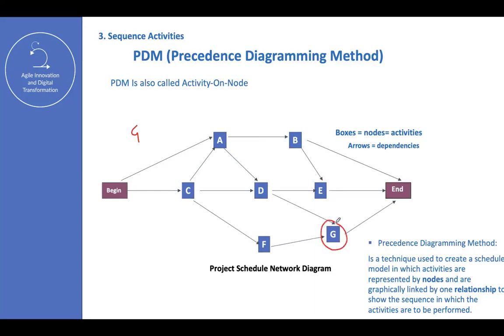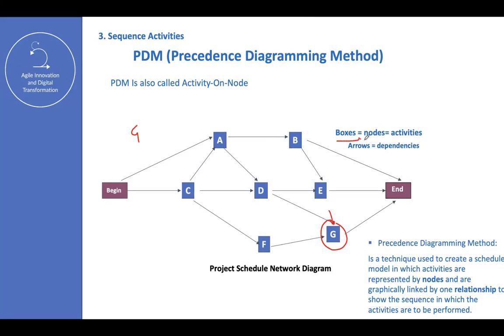Anyone? So what are the predecessors of G? I think you have to finish C and A. Is that correct? Or is that wrong? Oh, F and D? F and D, yes. Thank you so much.